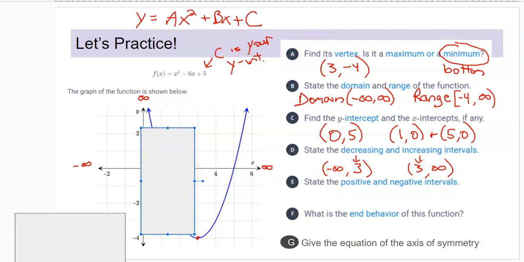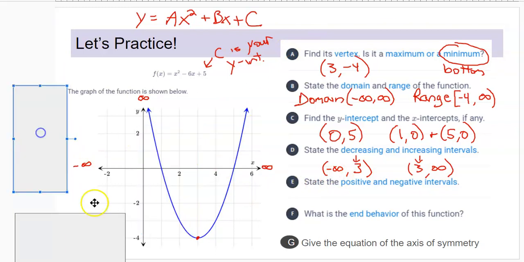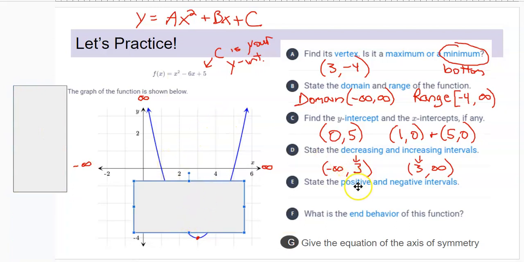Positive and negative intervals. All right, we're going to look at the top part of the graph for the positive, and then we'll go to the bottom part of the graph for negative. It is positive from negative infinity until we get here to positive 1. It is also positive from 5 to positive infinity, union.